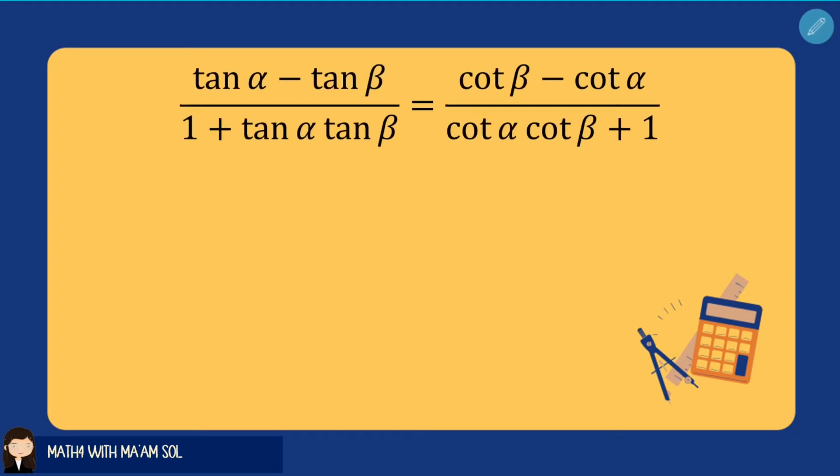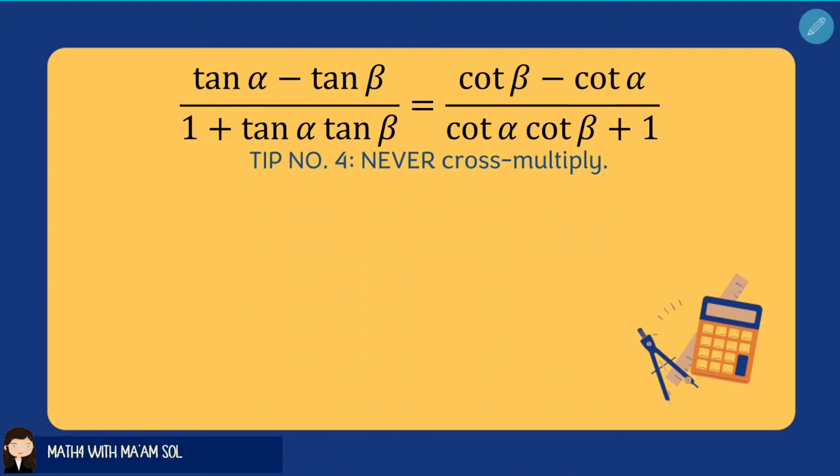Let's say we have this identity to prove: tangent alpha minus tangent beta all over 1 plus tangent alpha times tangent beta, and we'll try to prove that it's equal to cotangent beta minus cotangent alpha all over cotangent alpha cotangent beta plus 1. You might say, easy peasy, lemon squeezy, just cross multiply.